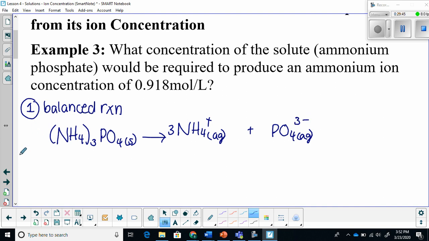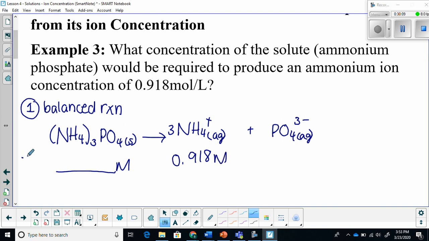Step 2 is to list your known and your unknown. So it's asking us what concentration of solute. So we're looking for concentration of solute. Perfect. Then it gave us a concentration of our ammonium ion, 0.918 mole per liter.